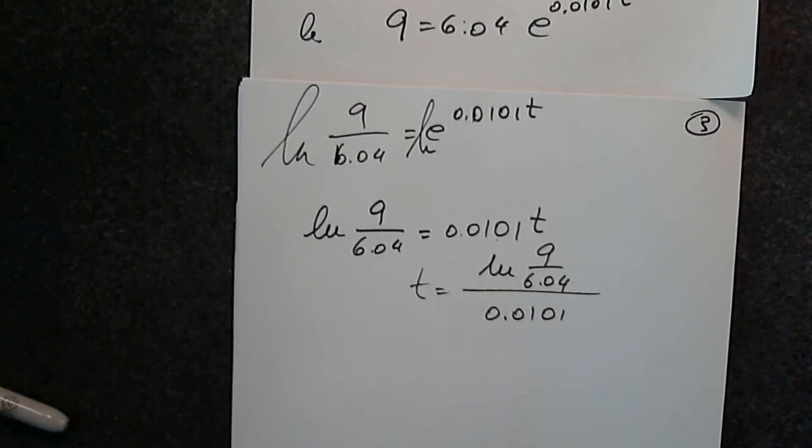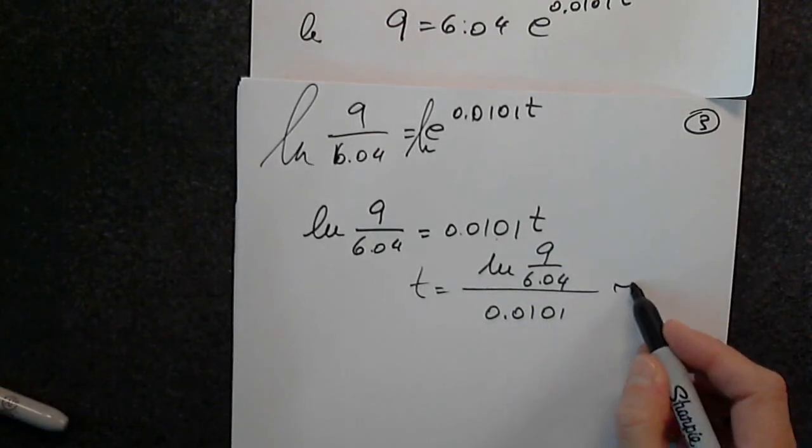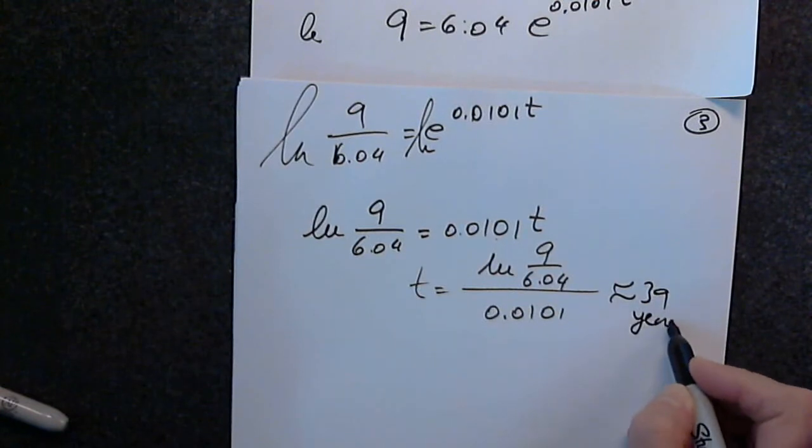So I go back, and this time I have natural log 9 divided by 6.04 and divide by 0.0101 and enter. So roughly 39 years, approximately 39 years.